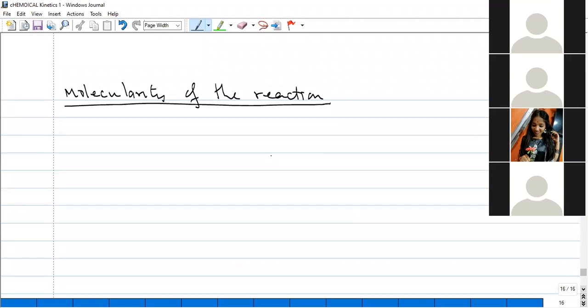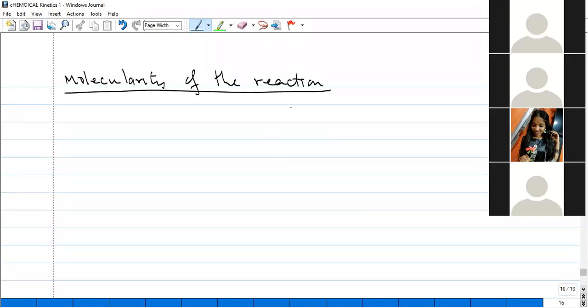To understand the molecularity of the reaction, we must first know what we mean by an elementary reaction.